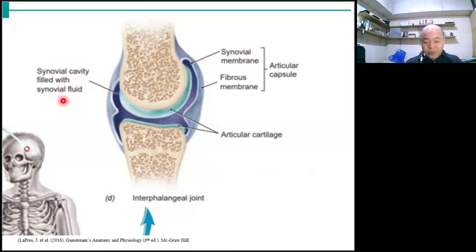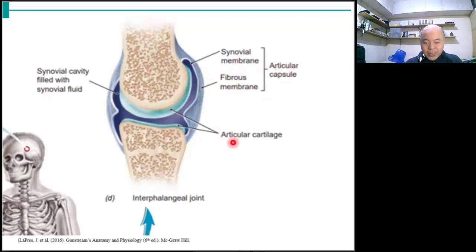We call it the synovial fluid. Now, this fluid and cavity is encapsulated by a synovial membrane attached to the fibrous membrane. So this fibrous membrane and synovial membrane make up the articular capsule.